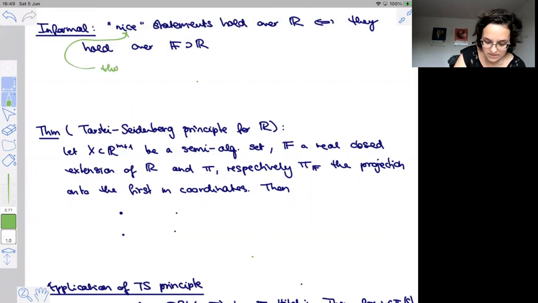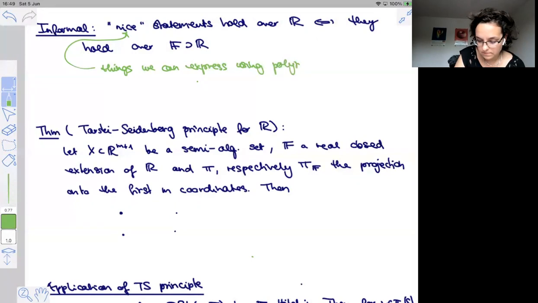These are statements we can express using polynomials, equalities, inequalities, unions, intersections. For those of you who know a bit, it's called the first order language of ordered fields.